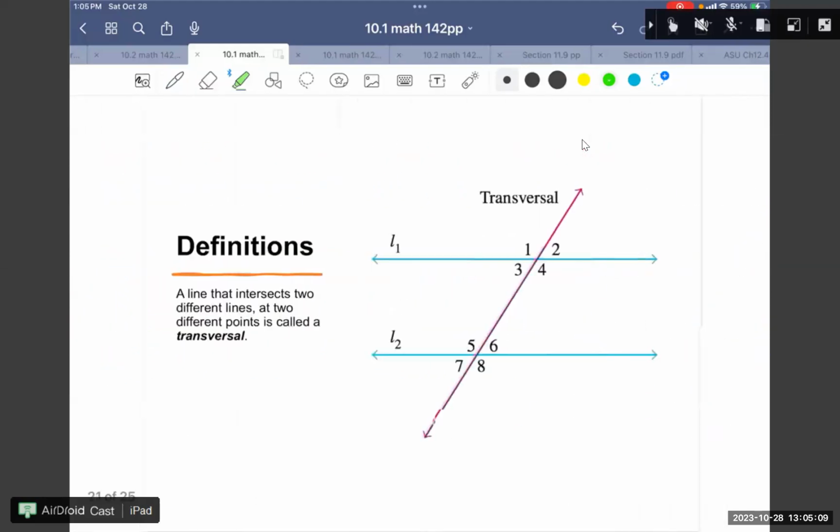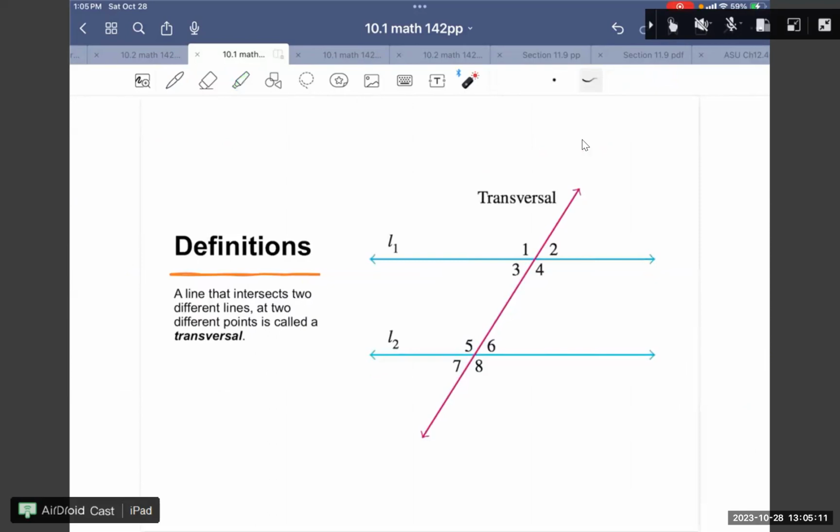Okay. A line that intersects two different lines at two different points is called a transversal. So this line right here is a transversal line.